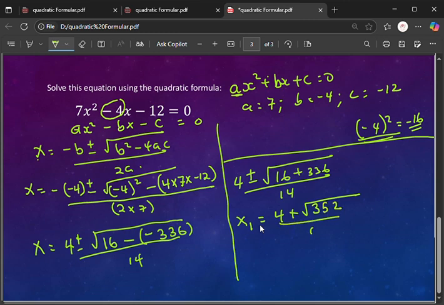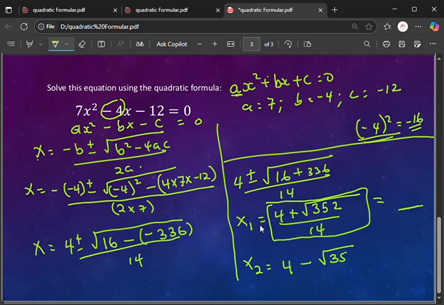Now you can entirely use a calculator to get the answer for this, and this will be our first value of x. I'll leave you to that. And then the second value of x, we take the minus, because here we have two signs, plus and minus. Now this will be the same values, root 352 over 14, you get the second value. So basically this is how we use the quadratic formula.